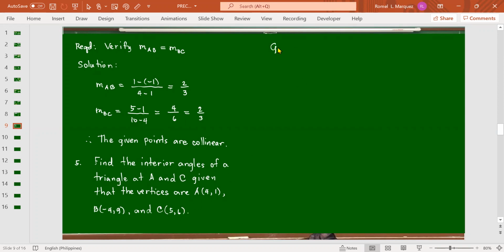Okay, so let's illustrate the problem. We have y-axis, x-axis here.